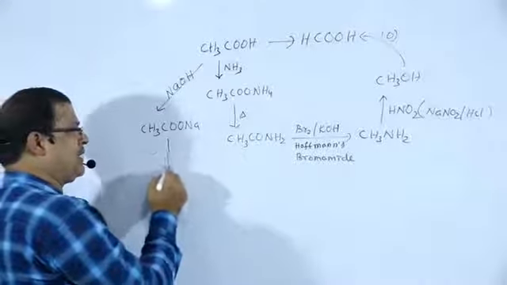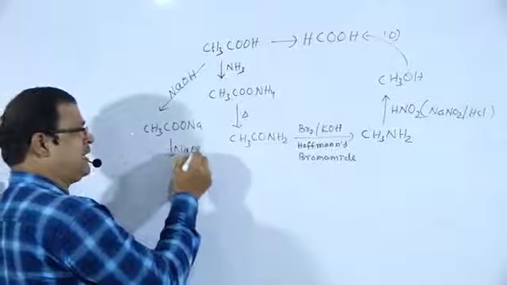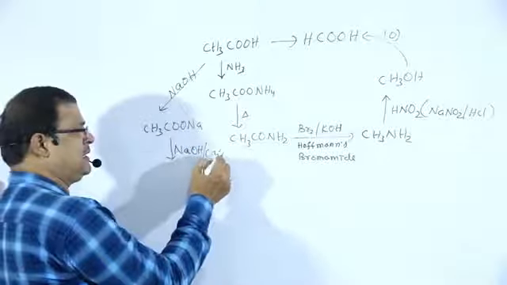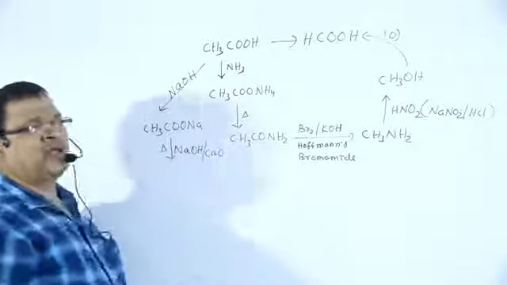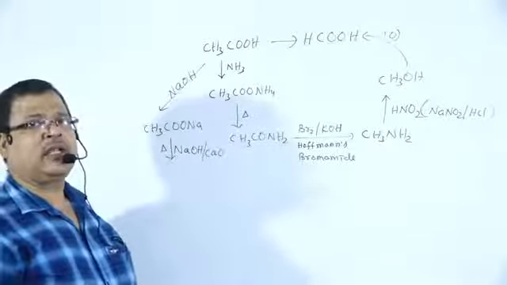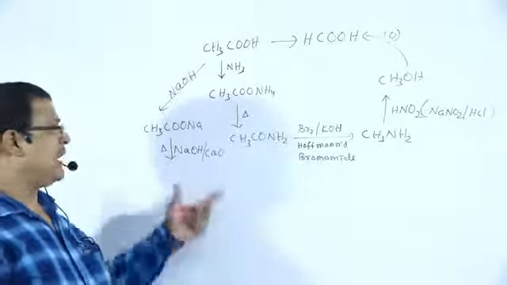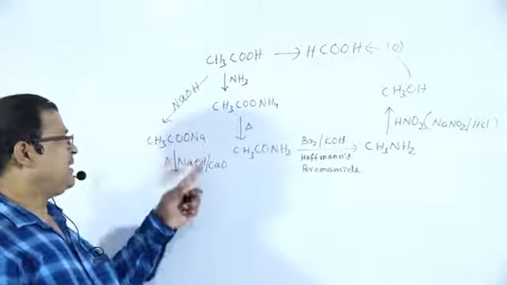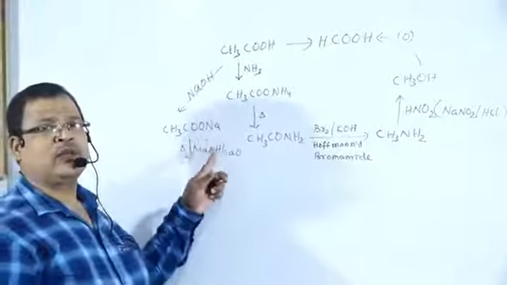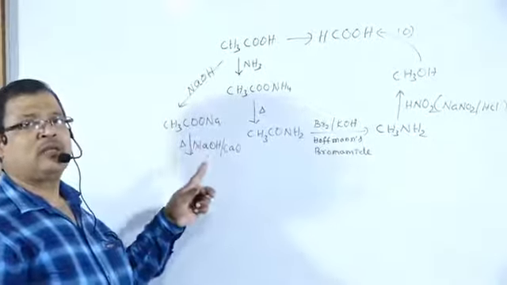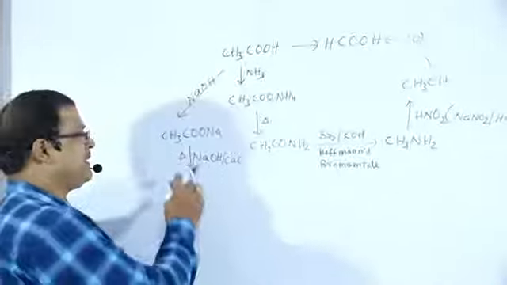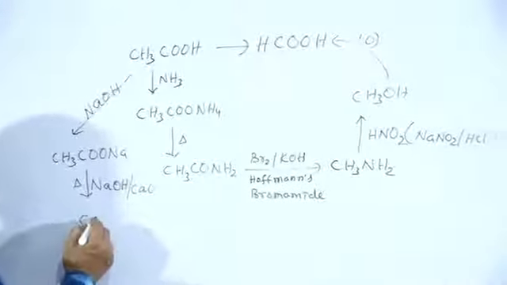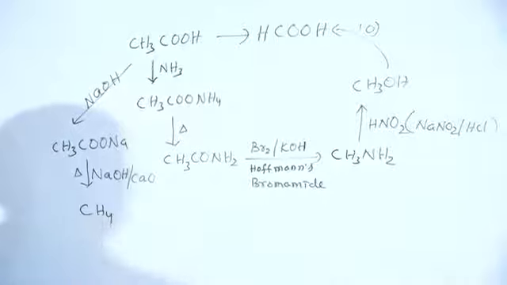This compound is again treated with NaOH and CaO, that is heated with sodium hydroxide and CaO, known as soda lime. In the last class we explained this reaction, decarboxylation by the Dumas method, where there is the formation of an alkane with one carbon atom less, CH4.